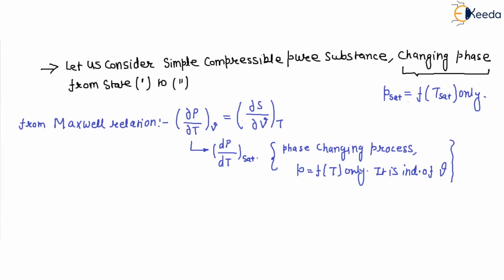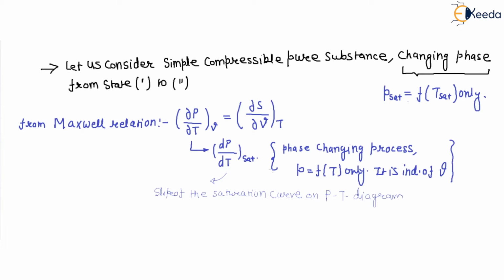So what is this? This is the slope of the saturation curve on the PT diagram, at a specified saturation state.